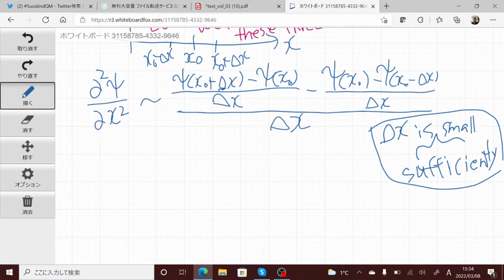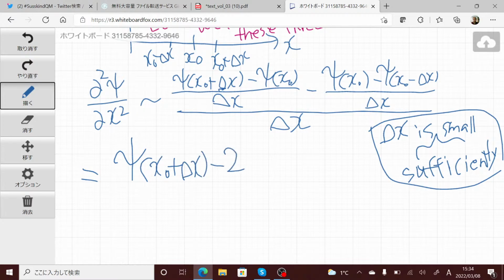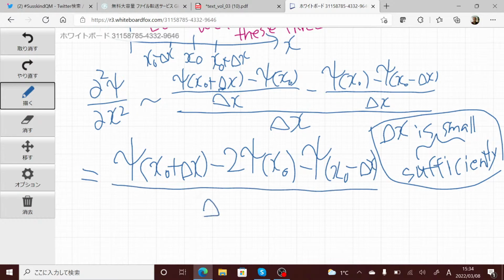Then we will see this is equal to psi of x0 plus delta x minus 2 psi of x0 plus psi of x0 minus delta x, divided by delta x squared. Yeah. So what shall we do?